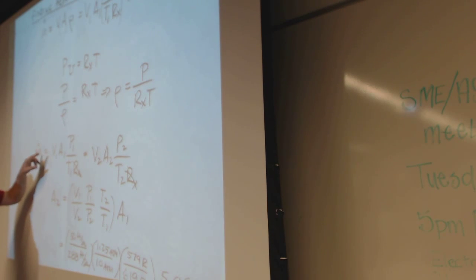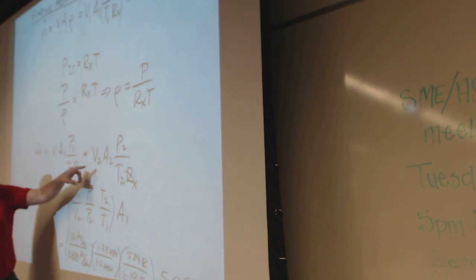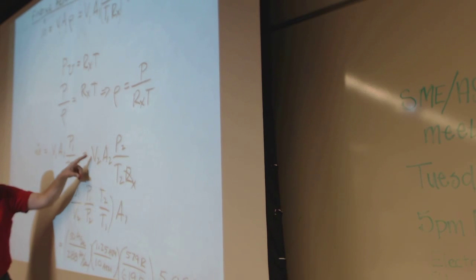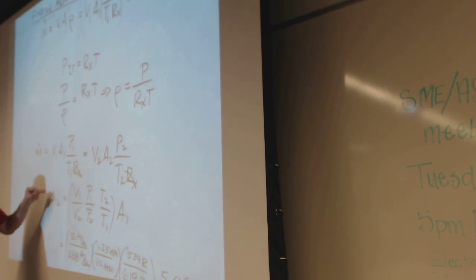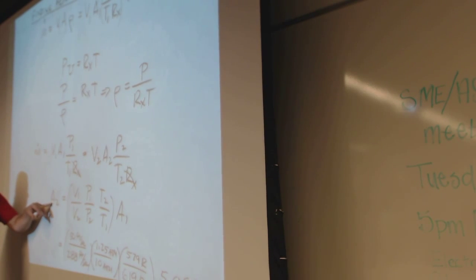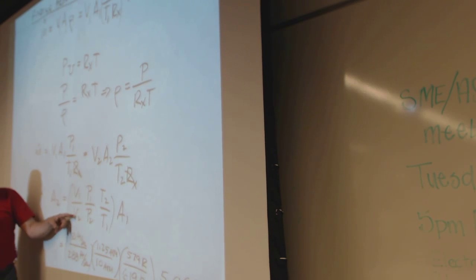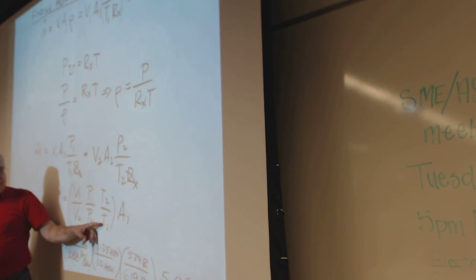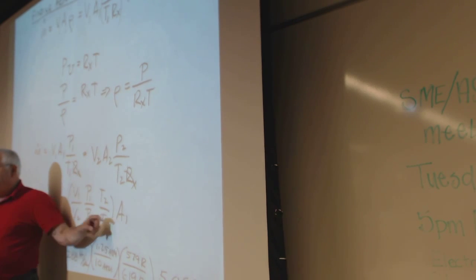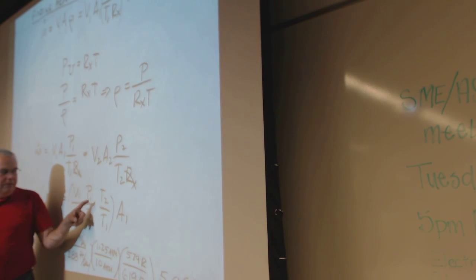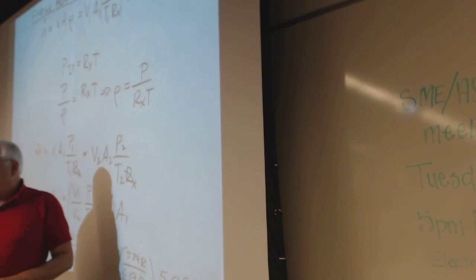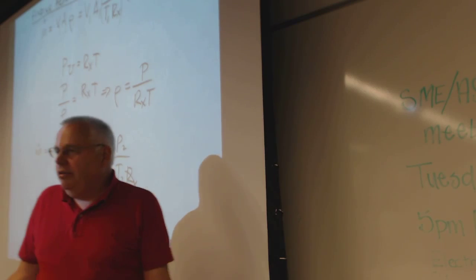What we're looking for is the area on the outlet. We know the velocity, we know the pressure, we know the temperature. So we're going to solve all those and bring it back. Area 2 is the ratio of velocities, the ratio of pressure, the inverse ratio on temperature, times our area 1. These need to be absolute values, but they give it to us in terms of atmospheres. We don't have to turn it into any other set of units.